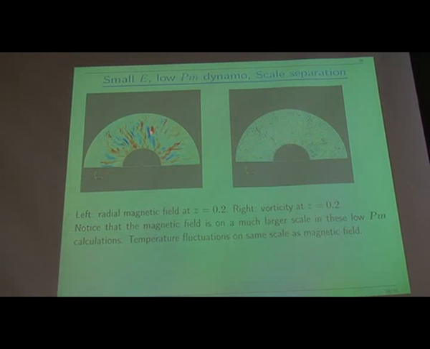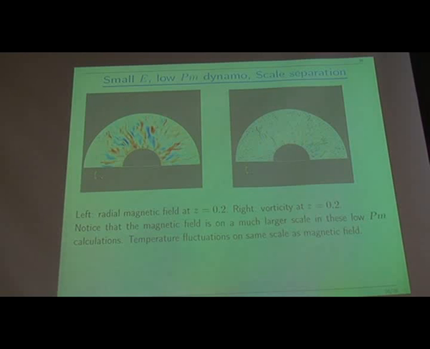Although there are still columnar structures in the magnetic field, they're much, much wider than the corresponding structures in the velocity field. So you are beginning to see some kind of scale separation between the small scale velocity field and the somewhat larger scale magnetic field that one really expects at low magnetic Prandtl number.